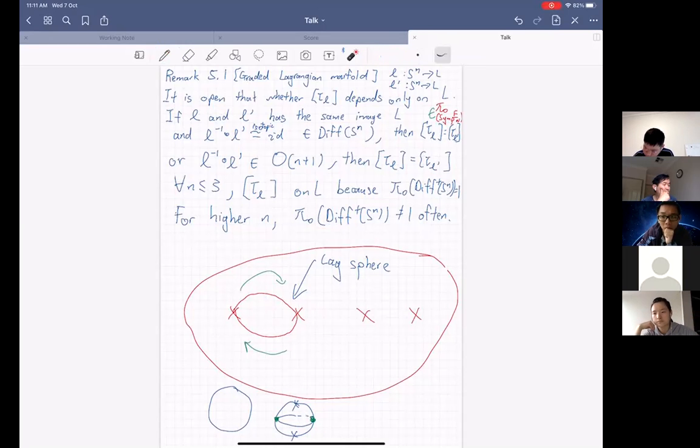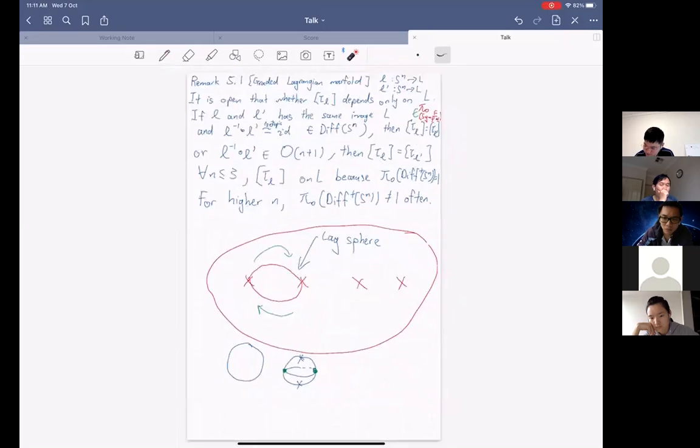But for our purpose, we will pick this such that you twist the puncture 180.